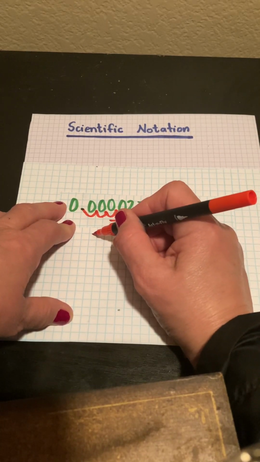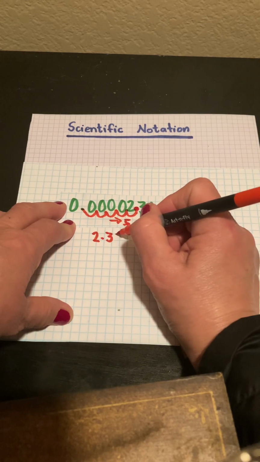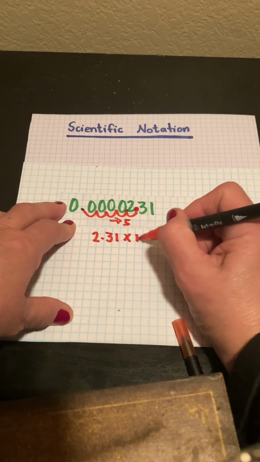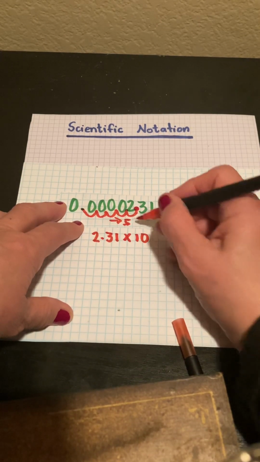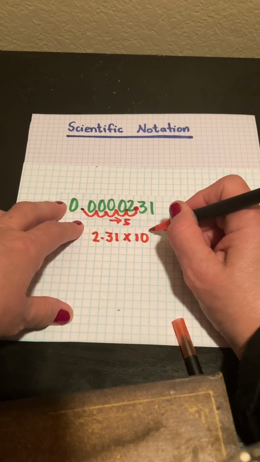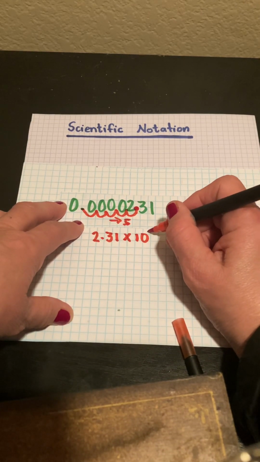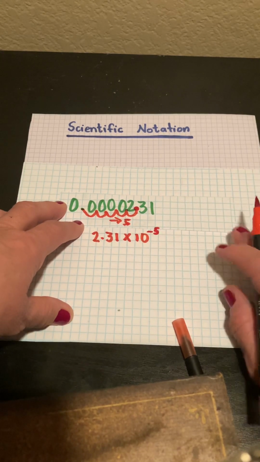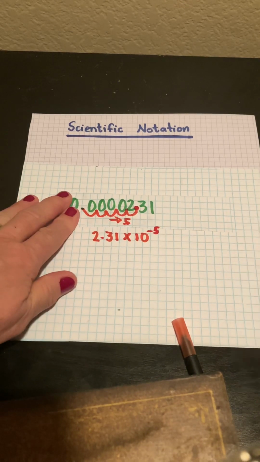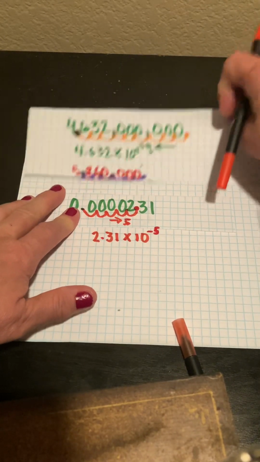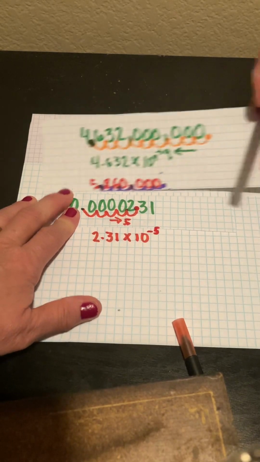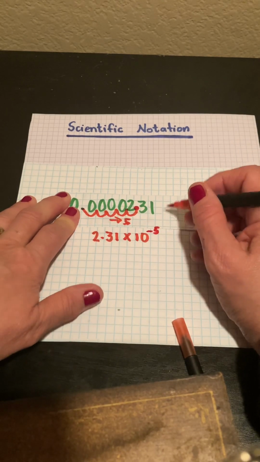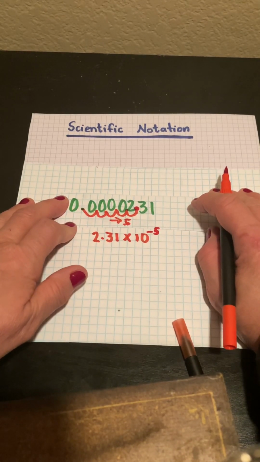So we have 2.31. We get rid of all these zeros, times 10 to the fifth. But in this case, we are going to use a negative sign because this number is really, really small. Okay? So it's different. Remember, we used a positive number before, and now we are using a negative exponent. Okay? A negative power.